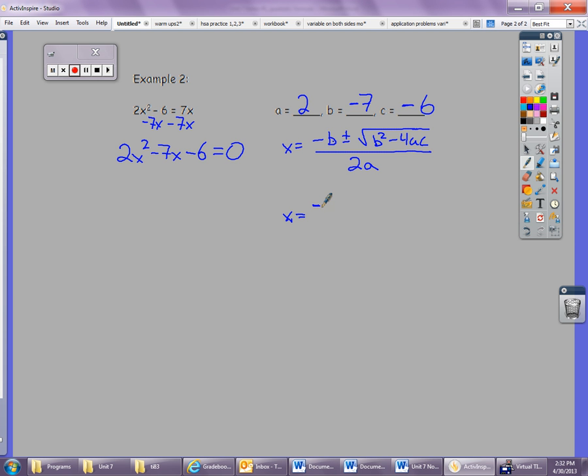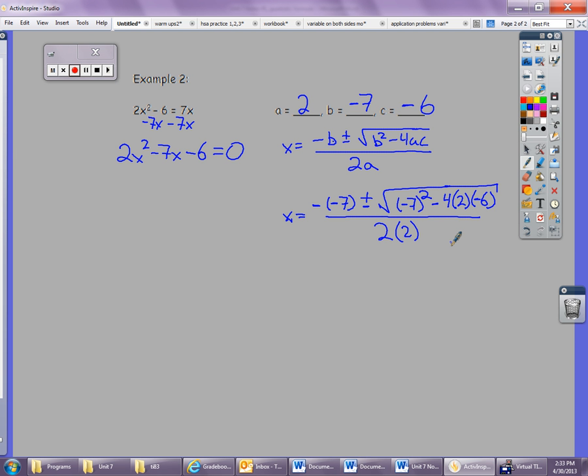Well, if I do a negative and a negative 7 plus or minus the square root, I have negative 7, put in parentheses, squared, minus 4, a is 2, so 4 times 2, and c is negative 6, all divided by 2a, and a is 2. So all divided by 2 times 2.